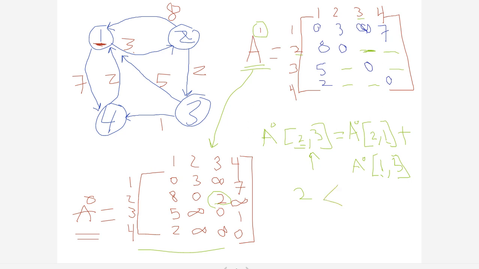Is it less than or greater than A0 of 2 to 1, which is 8, plus A0 of 1 to 3, which is infinite? So 2 is less than 8 plus infinite. So we will keep it the same. No changes. So here it will be 2.